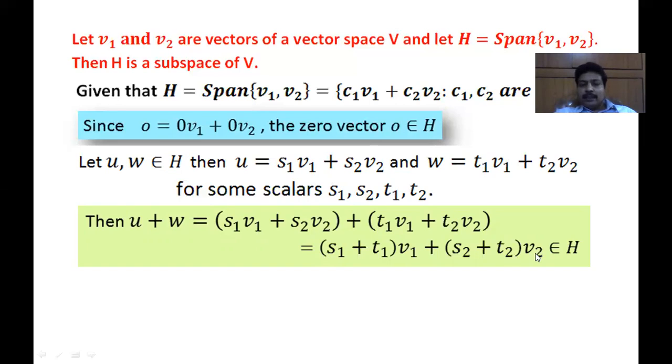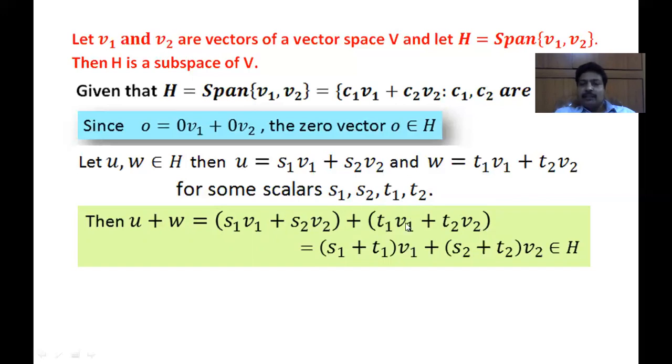We are in a vector space V. In vector space V, we have associative property, commutative property, and distributive laws. Using all these laws, we can rearrange these combinations.